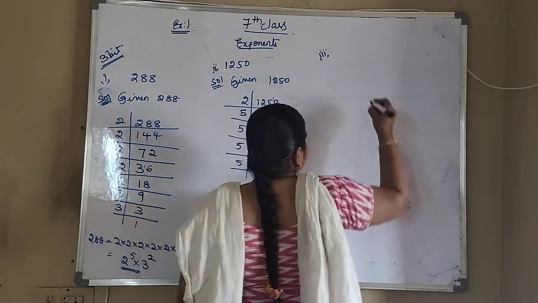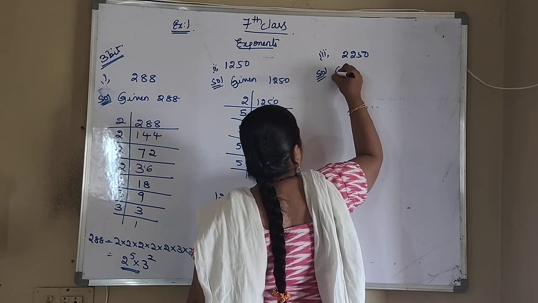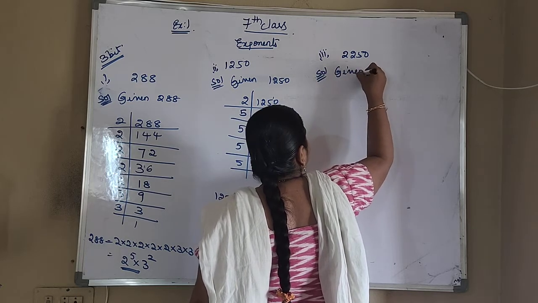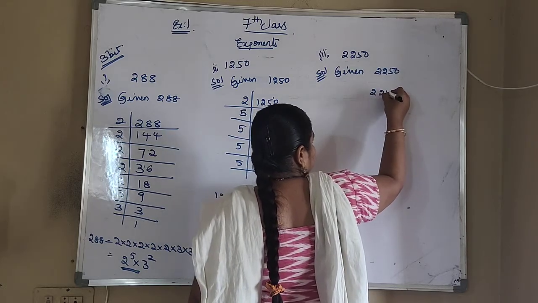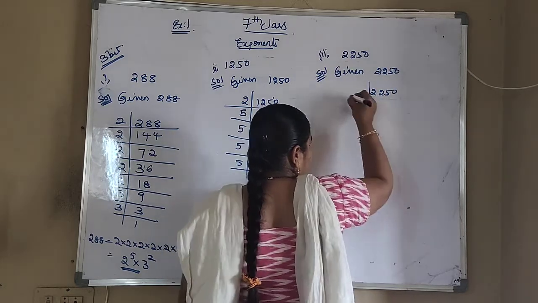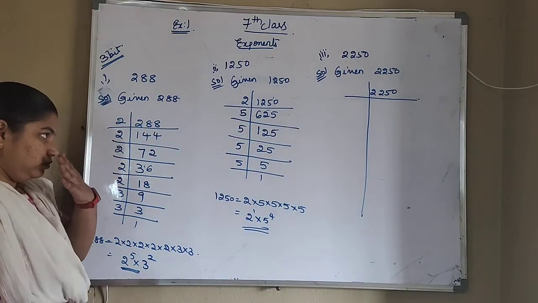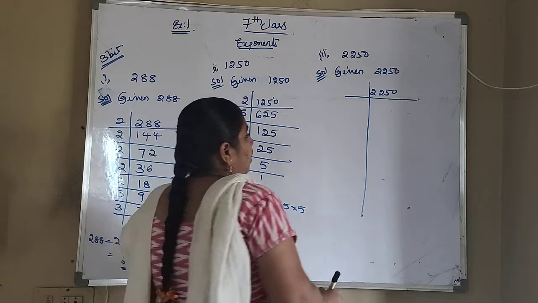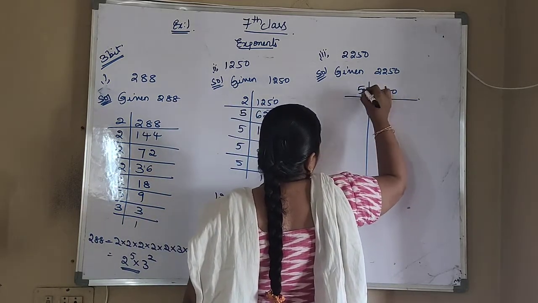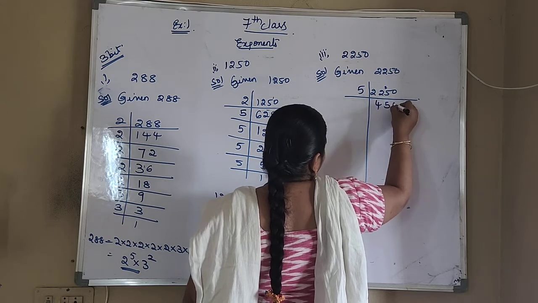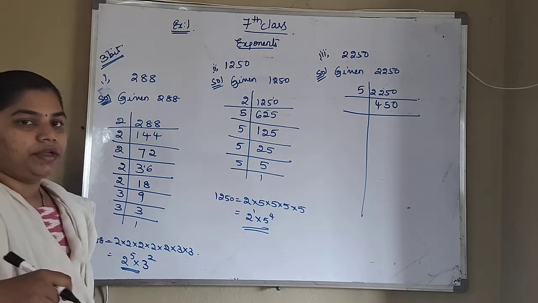Next, third one is 2250. It will go in 5 table as well as it will go in 2 table also. So in 5 table I am cancelling. 5 4s are 20, 2 will be remaining, 5 5s are 25, 5 zeros are 0. 5 450s is 2250.